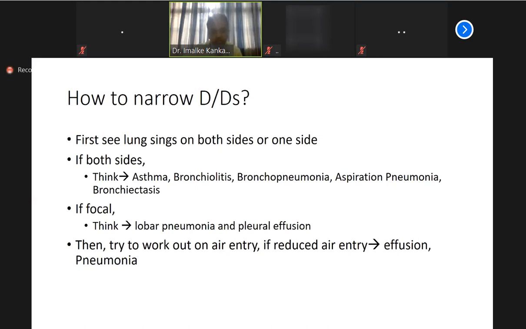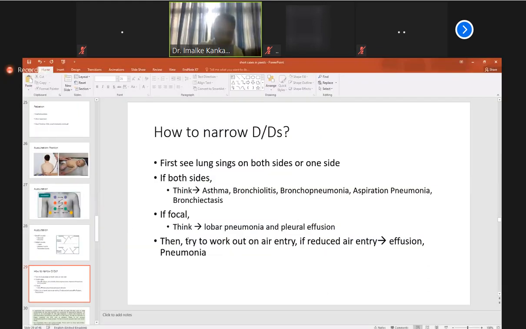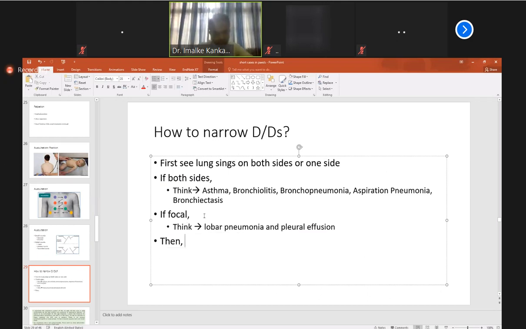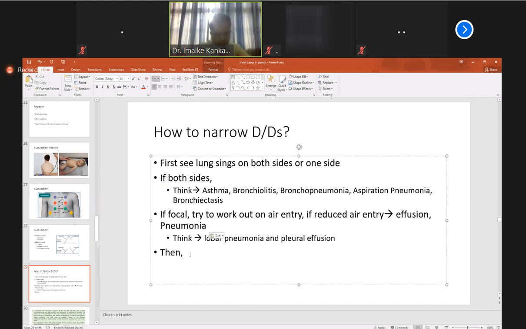Then try to work out on air entry, reduced air entry. Now, if it is focal, you will know it's focal because it should come to here, right?